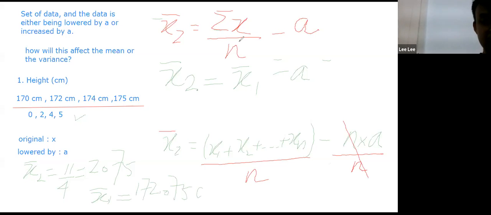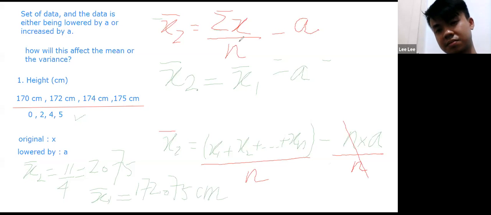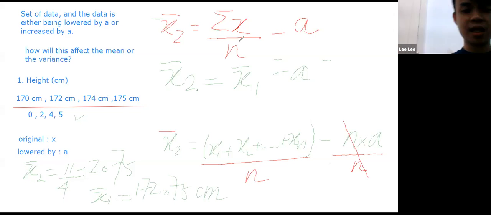That's what I mean by you can do the calculation more easily. So x bar always follows what we do. So if you lower the data by 170, it means your original x bar is 170 more than that. Any questions?